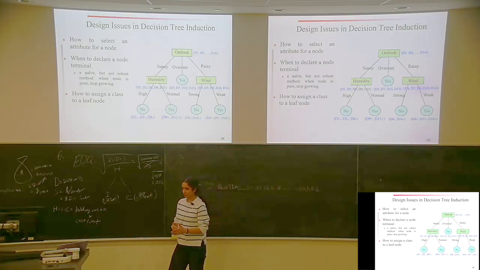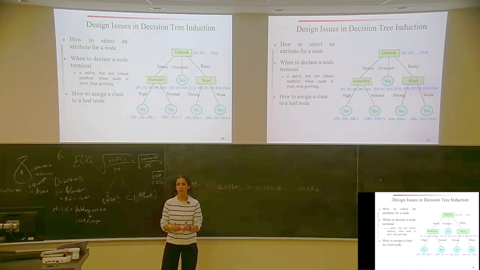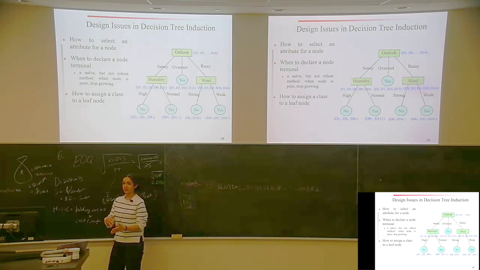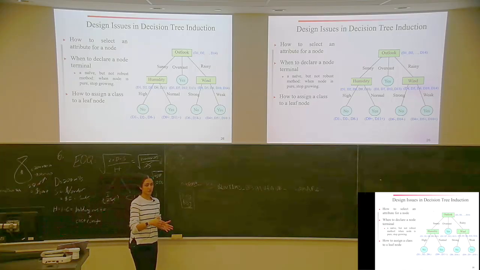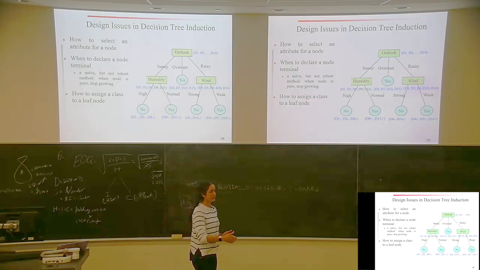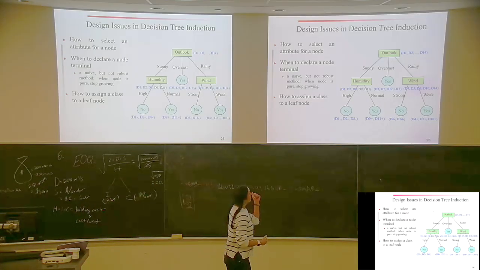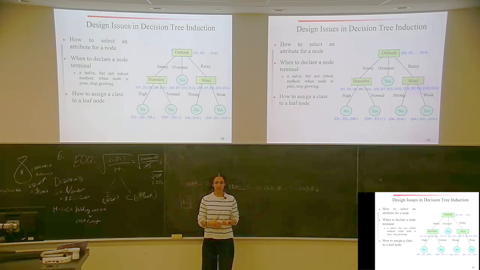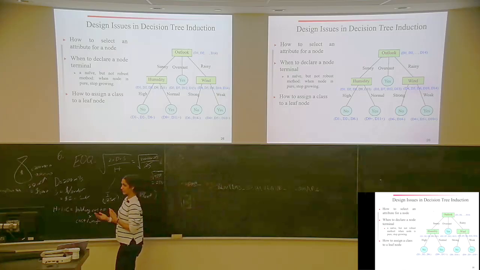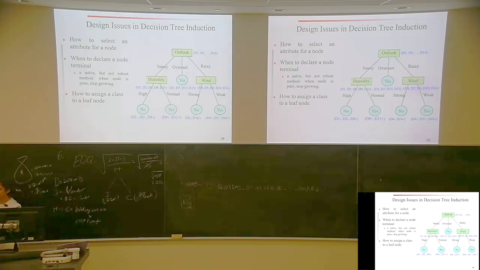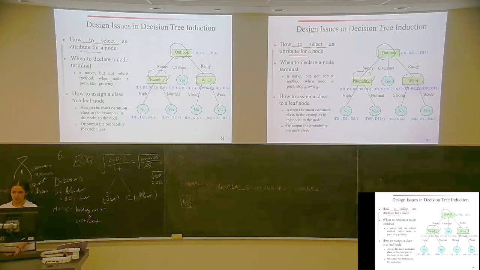We stop at the leaf node when there are no further attributes to split or no further instances or examples belonging to that branch, or if all examples belong to the same class, which means there is no point in further splitting the tree. So these are stopping conditions. And this part, how to select the best attribute, for example, for here, or for here, this I'm going to explain now.